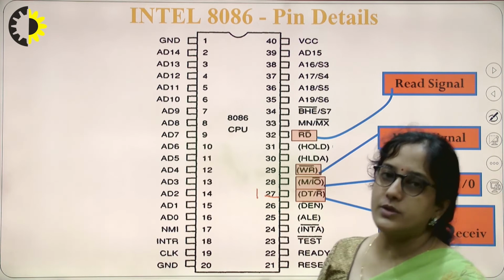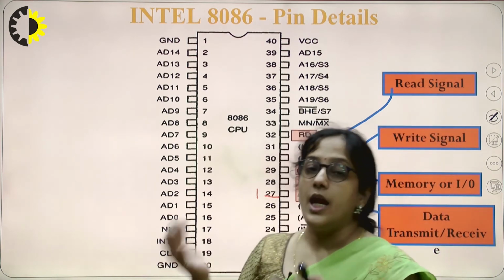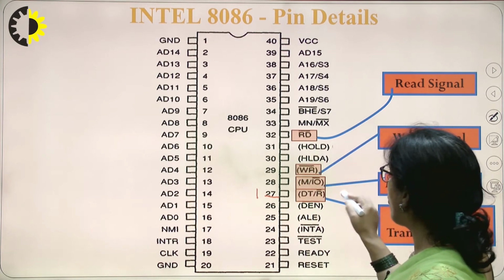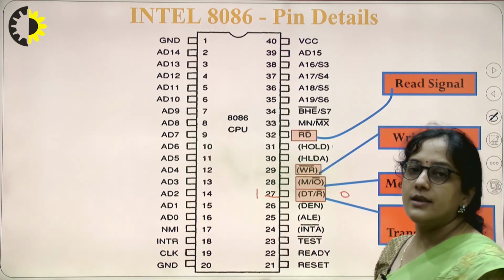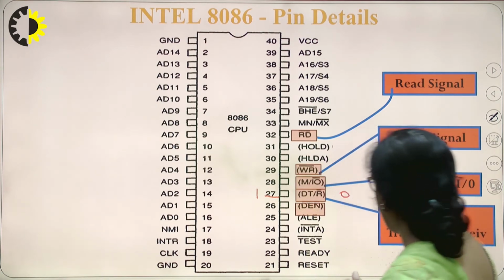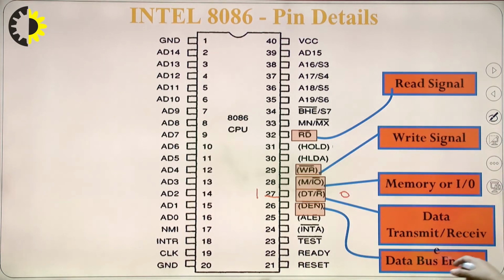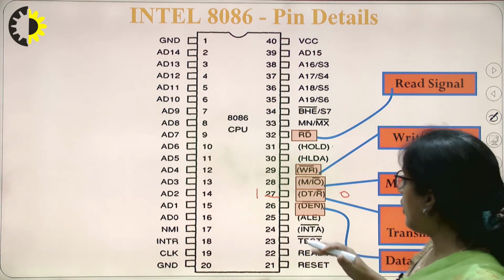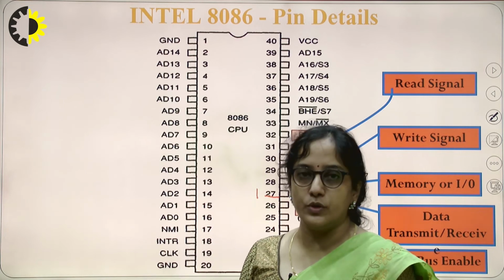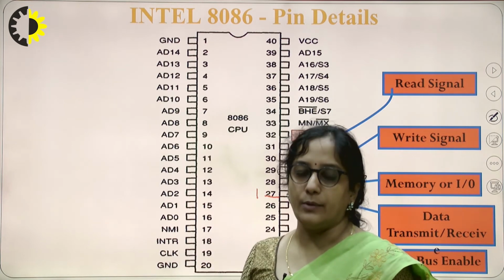If the microprocessor is receiving some data, then it is 0. And DEN, that is data enable. This data bus enable line is active low and it indicates that now data is available in the data bus for the output buffer. We have to enable that buffer.